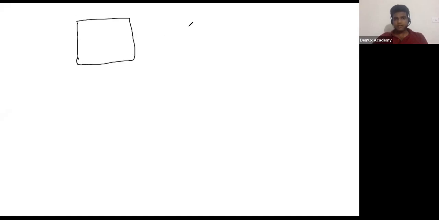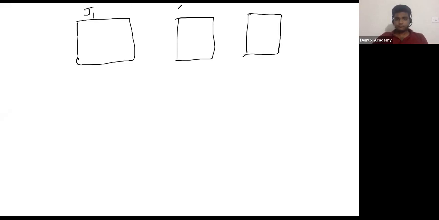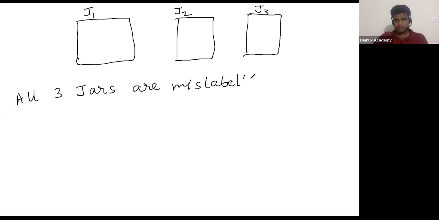So you have 3 jars, J1, J2 and J3, and all the 3 jars are mislabeled. What does that mean? One jar basically contains only oranges.